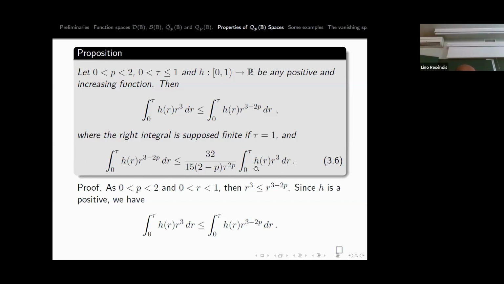However, it's possible to get this estimation, but please consider that the true hypothesis here is that h is a positive increasing function. Here appears the proof. I didn't discuss the proof. In general, this is immediate. There is no problem to have some estimation directly for the powers.